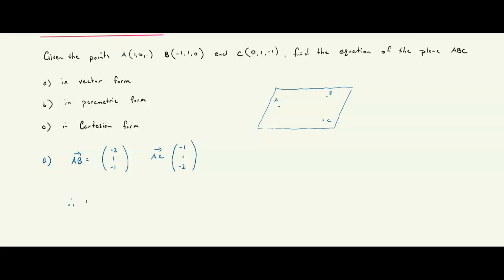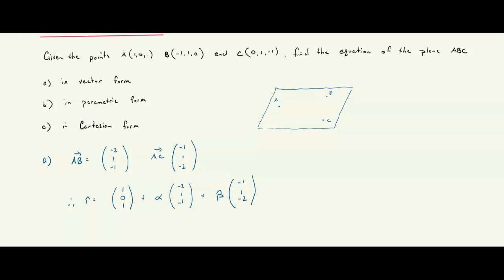So therefore, R is equal to, take a position vector. We'll use 1, 0, 1. Just take the A point, and now we've got two direction vectors. So we use two parameters, alpha for our AB, negative 2, 1, negative 1, and beta for our AC, negative 1, 1, negative 2.